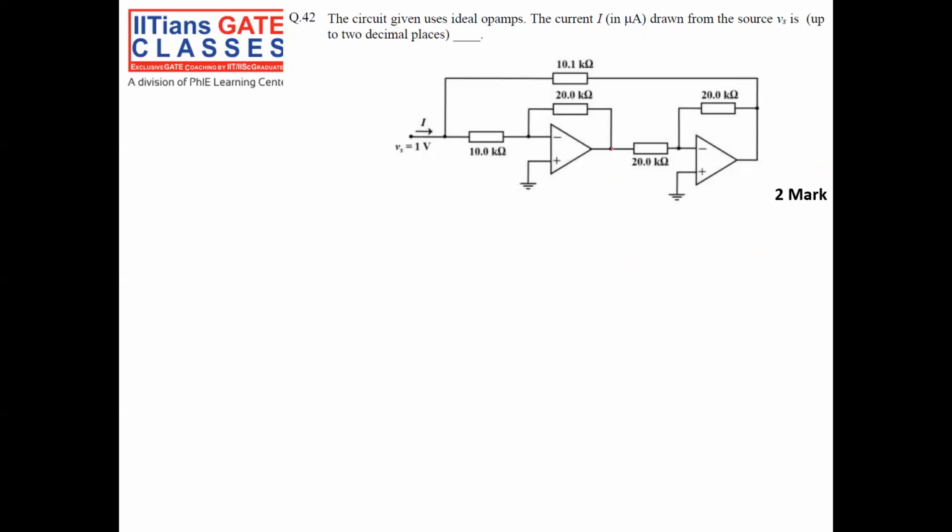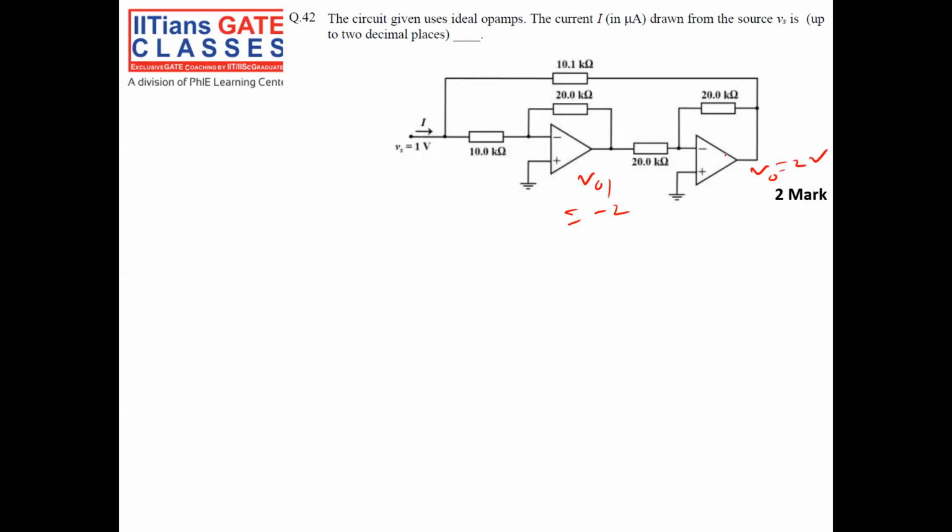So here V01 is equal to minus R2 by R1 into V1, which is minus 20 by 10, minus 2, into 1, so minus 2 volt. Here again V0 is minus R2 by R1, minus 1, into V01, which is minus 2, equal to 2 volt. So here I got 2 volt.